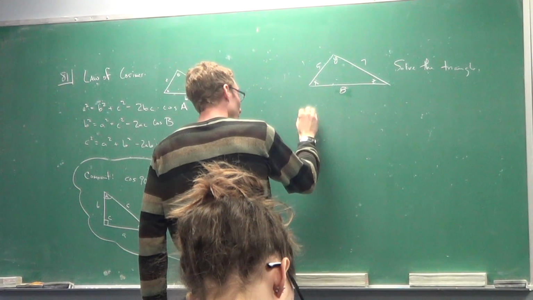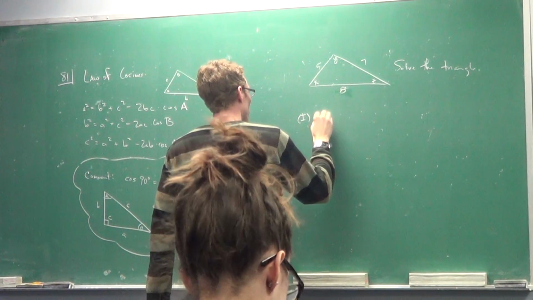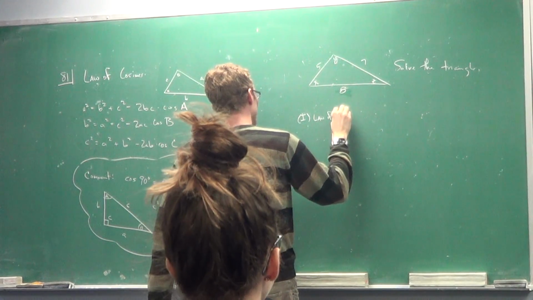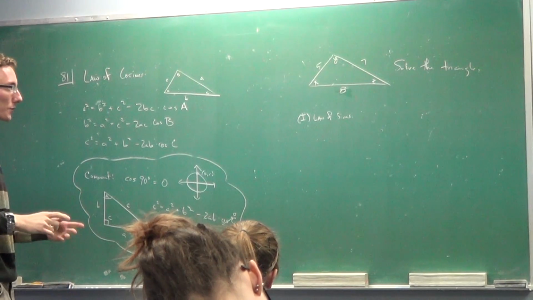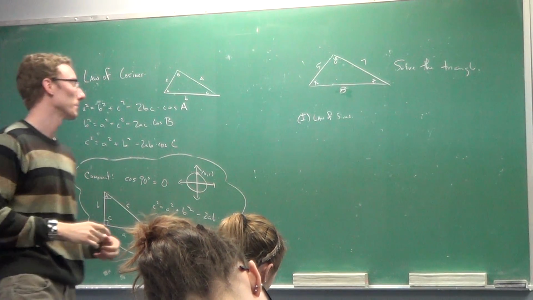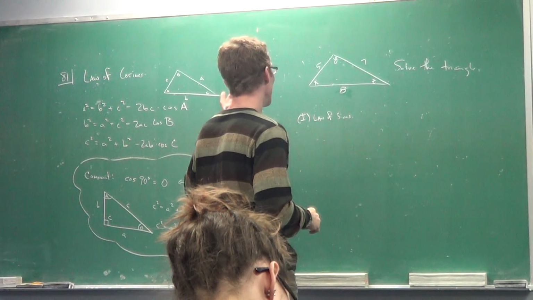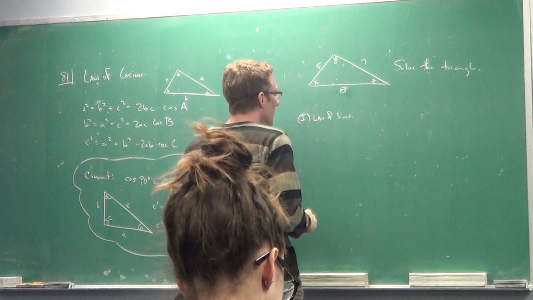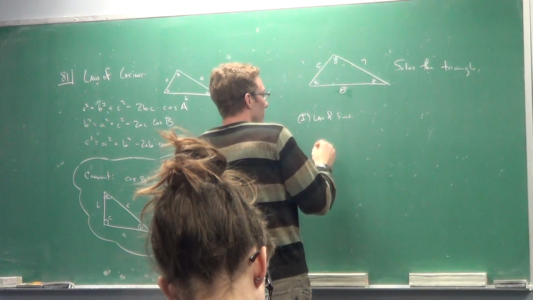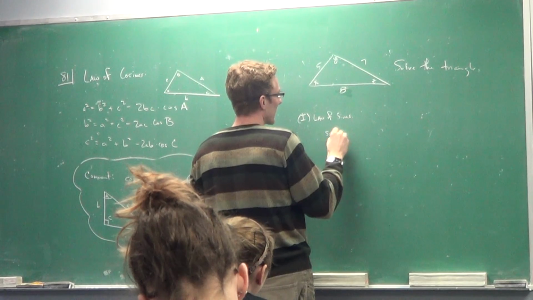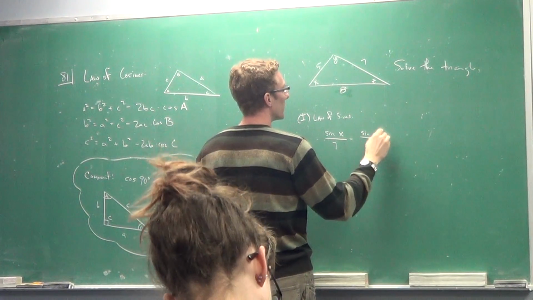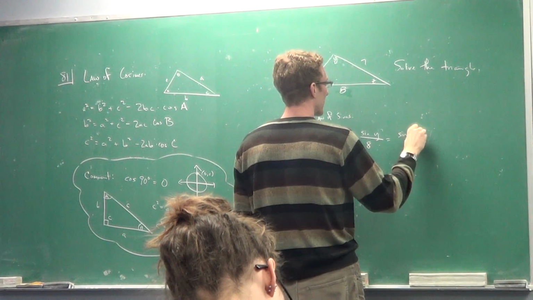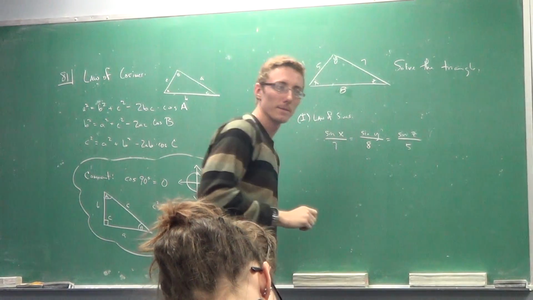Now, as a first order of business, try the law of sines. I say this because if law of sines works for your triangle, it's going to save you time, and you're going to be able to avoid law of cosines completely. So, take a look at law of sines. You would have sine of x over 7 equals sine of y over 8 equals sine of z over 5.